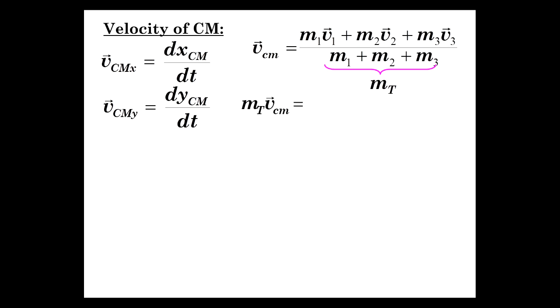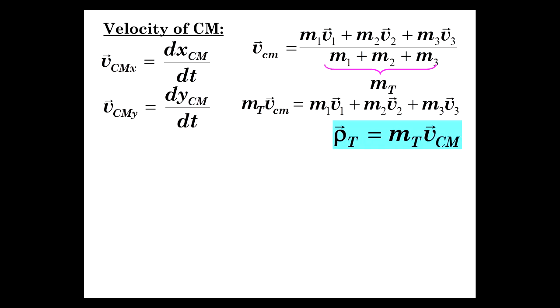So M total times velocity of the center of mass, if we multiply this whole thing by the total mass, we get m1v1 plus m2v2 plus m3v3, and that's just another way to say the total momentum, mass total times velocity of the center of mass. So the total momentum in any system of particles is add up all the mass and take the velocity of the center of mass.